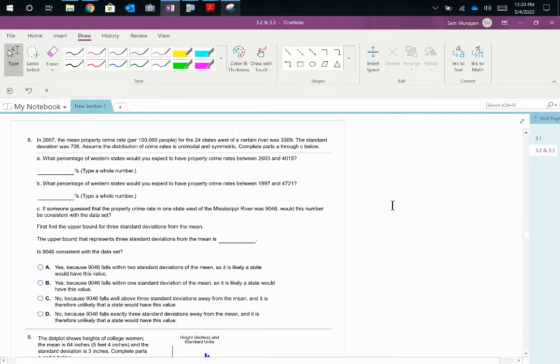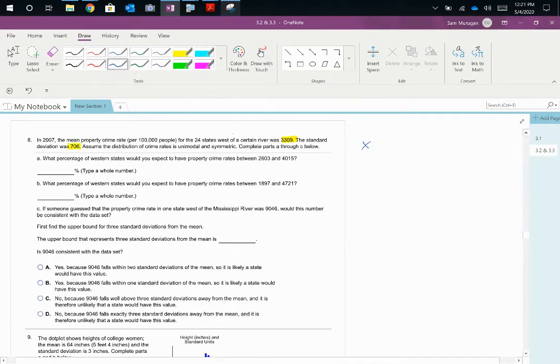Next question is asking us, in 2007, the mean property crime rate for the 24 states west of a certain river was 3,309, and the standard deviation was 706.